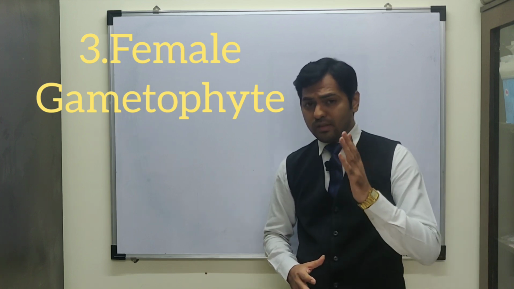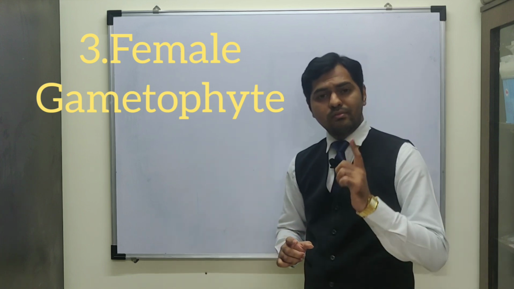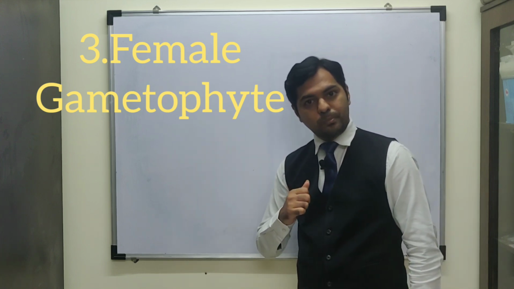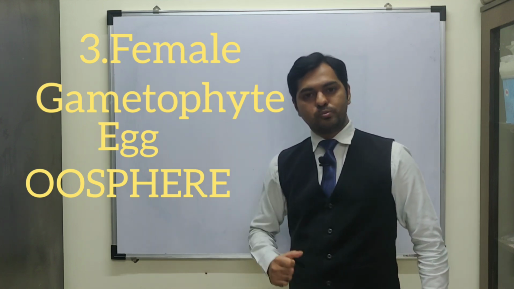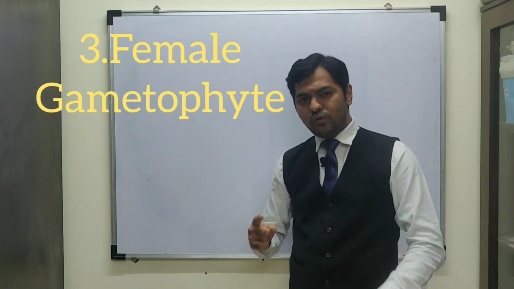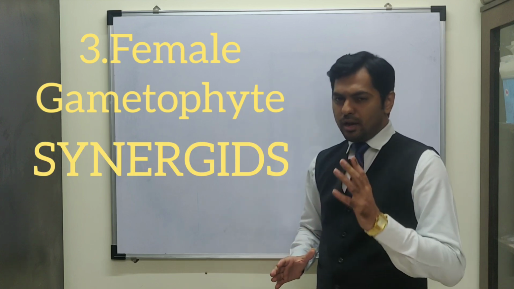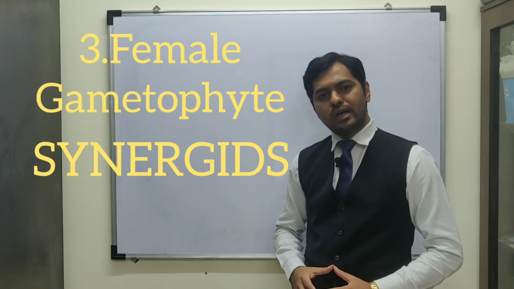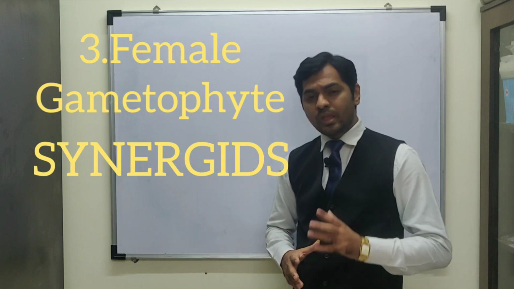Apart from this, the central egg cell that is present in the egg apparatus is known as oosphere. So remember that the egg cell is known as oosphere. Also, lateral to the egg cell, there are 2 other cells which are known as synergids. Remember, synergids are also known as the cooperative cells or the help cells.